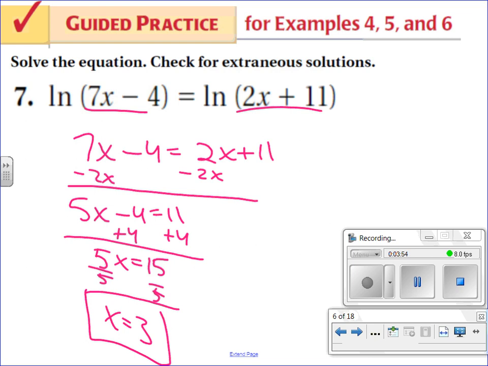So, how did that one go? Thumbs up if you got x equals 3. All those scholars.